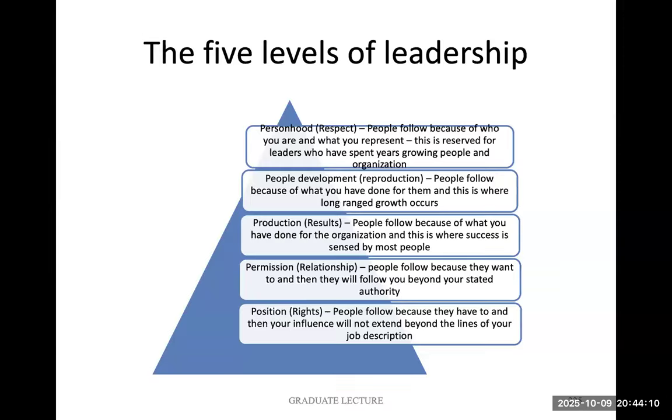You understand? Most of the time, what blinds people, especially in the Nigerian context, is that when they get into a position, they want to get more. They want to get more cars, more money, more of this, rather than being more.